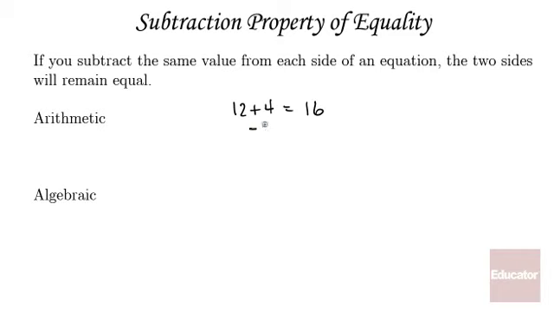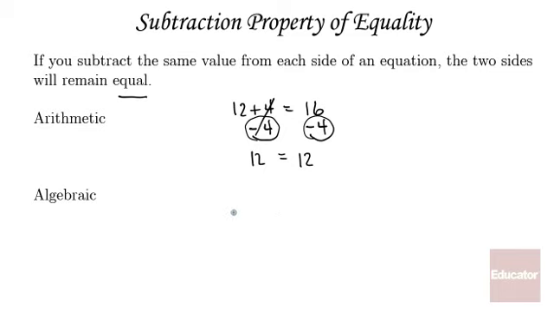So for example, if I subtract 4 from both sides, 4 minus 4 is 0. I'm left with 12. And notice over here, 16 minus 4 is also 12. So when I've subtracted the same number from both sides, my answer will be the same.